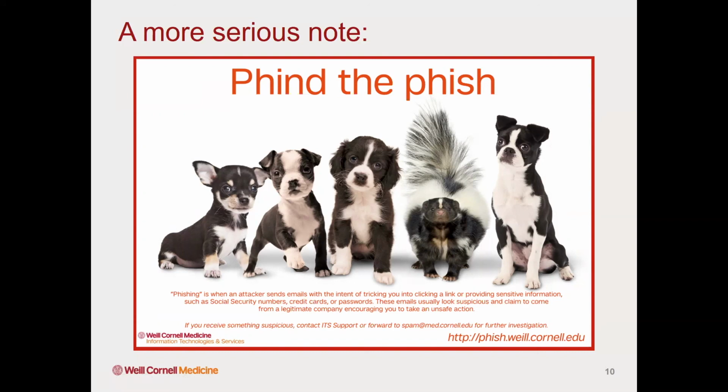We do have a website dedicated to your email security and phishing attempts, which is phish.wild.cornell.edu. On that website, it does provide several tips for identifying messages. Many of those I've highlighted in my email. That website saved me from responding to this message. It is important.